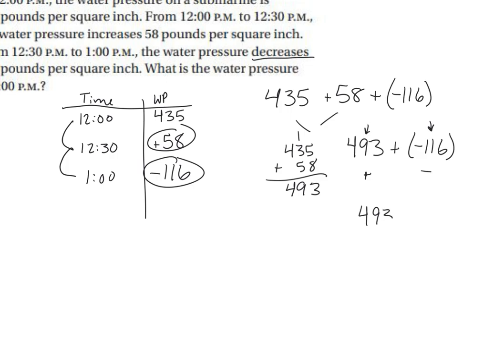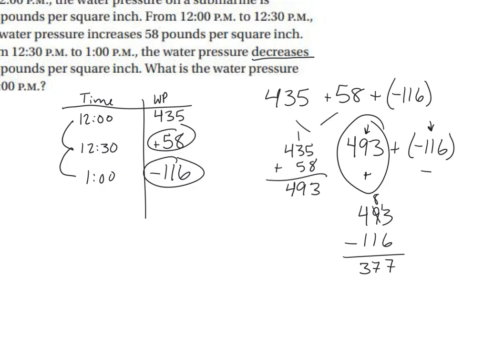So 493 minus 116. This is going to need to borrow from here. 13 minus 6 is 7. 8 minus 1 is 7. 4 minus 1 is 3. Okay, we take the sign of the greater absolute value.